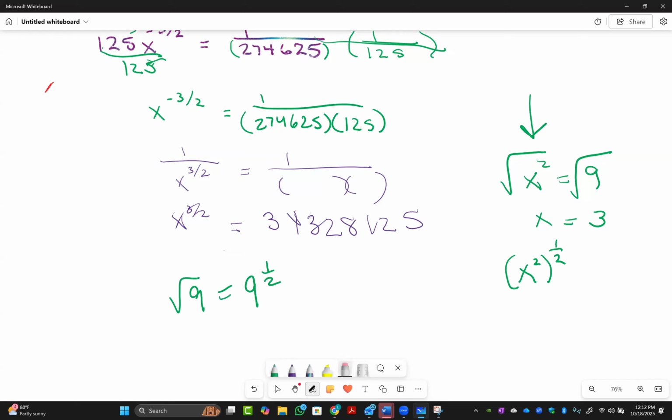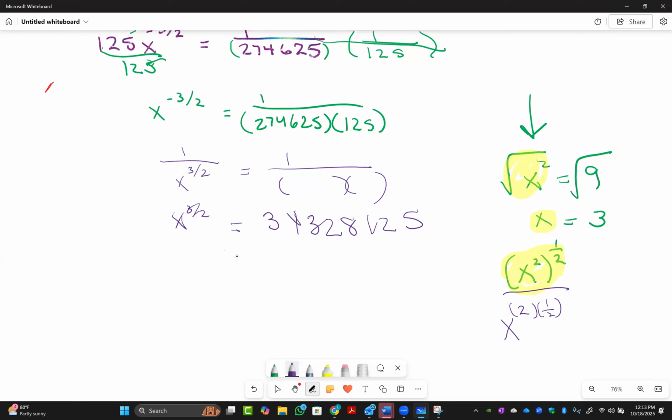Okay, basically writing it in exponent form instead of the square root form. Yes. So I'm just saying that this square root here is equal to this, right? Yes. And that's why I end up with x to the 1 power. Because when I have this one, this is the same as x to the power of 2 times 1/2, which is x to the 1 power.